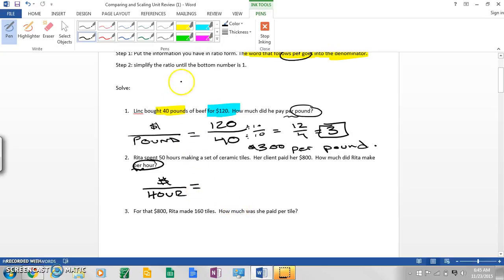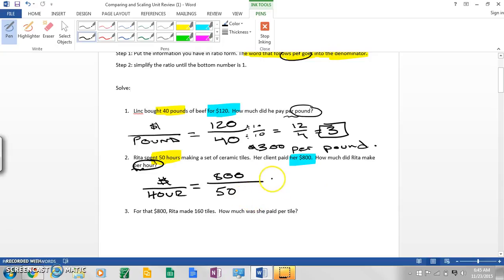If we look back in our problem, the dollar amount in this case is $800, so that would go in our numerator. And then the hours was 50, that would go down in the denominator.